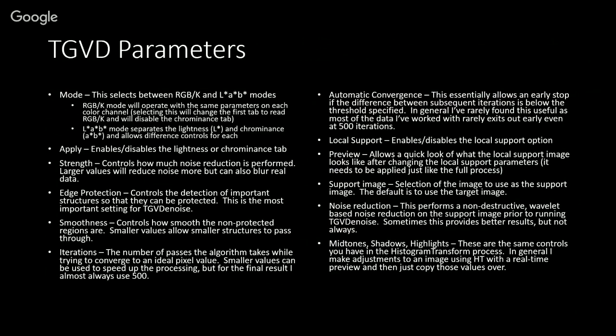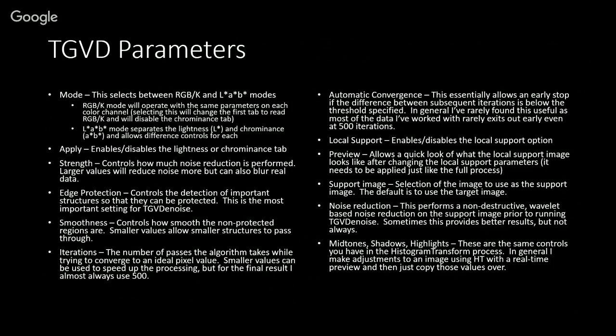Again, there's a lot of parameters in here. In general, I typically work in Lab mode. You can use RGB mode, but it locks you into only one set of parameters for all of the color channels. And you may not necessarily want to apply TGV the same way to each of the independent color channels. Maybe your red channel is a lot more noisy than your green and blue. So in general, I use Lab mode to deal with those sorts of things.